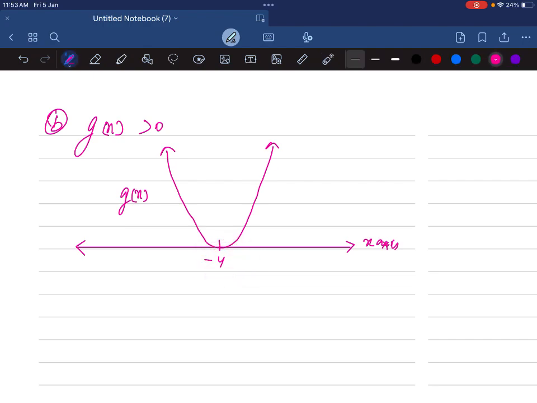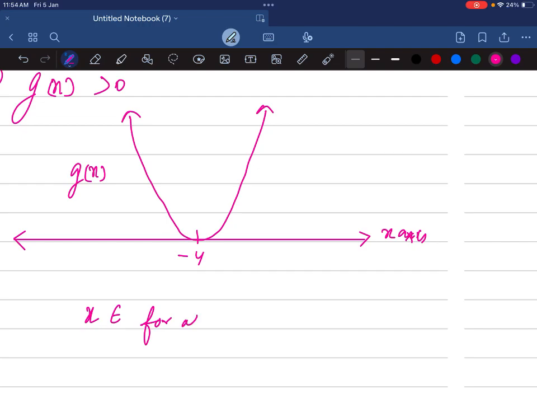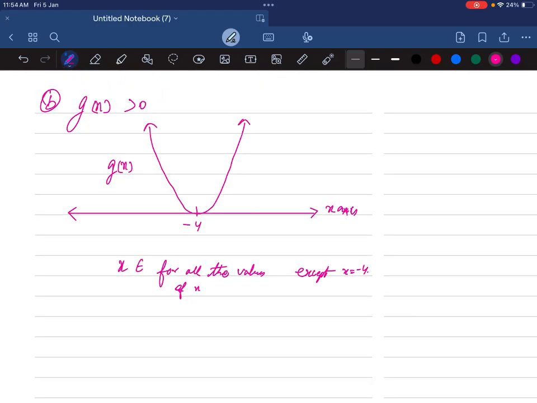So I can say that g of x is greater than 0 for all values of x except x equals negative 4, or we can write it this way: x belongs to R minus negative 4, that is, except negative 4.